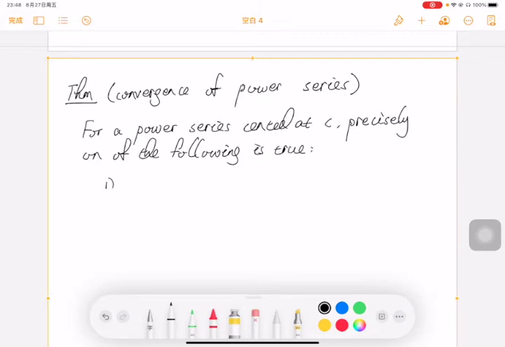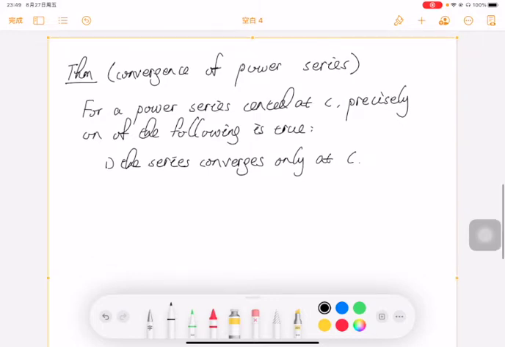The first one is the series converges only at C. So the power series converges at only one point and diverges everywhere else.